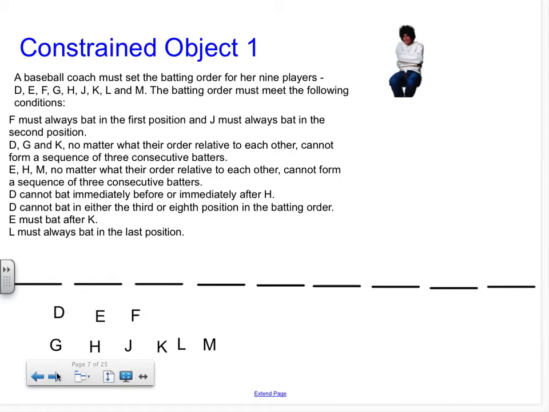E, H, and M, no matter what their order relative to each other, cannot form a sequence of 3 consecutive batters. D cannot bat immediately before or immediately after H. D cannot bat in either the 3rd or 8th position in the batting order. E must bat after K, and L must always bat in the last position.